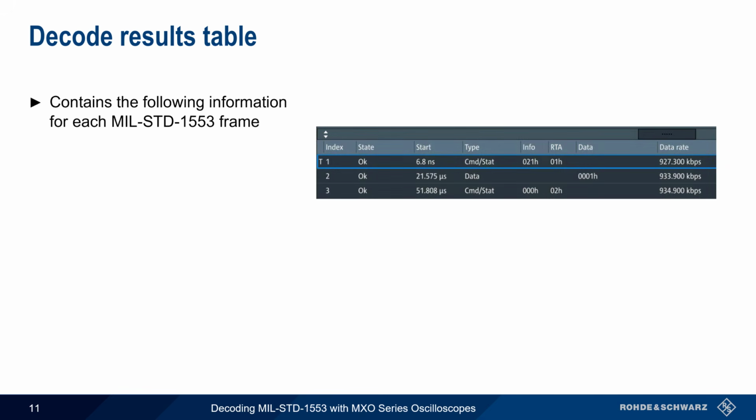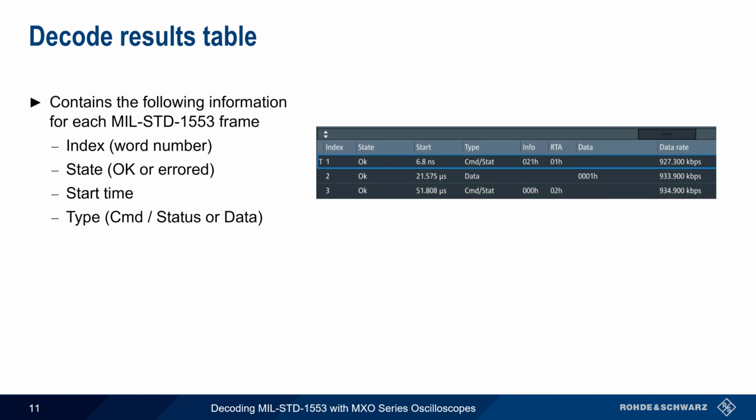Now let's take a closer look at the decode table, which is typically in the lower portion of the screen and which shows detailed information for each MIL-STD 1553 word. This table contains information on a per-frame basis, including the index, which is the word or frame number, the state, which shows if the word is errored or not, and the start time of the frame.